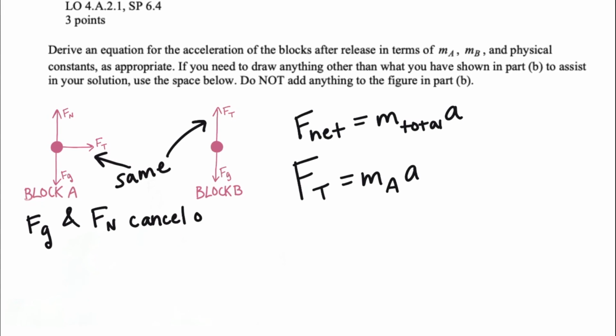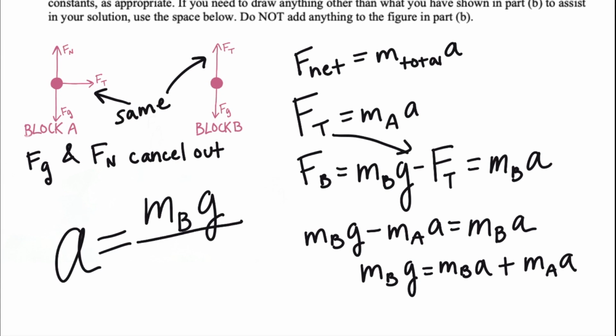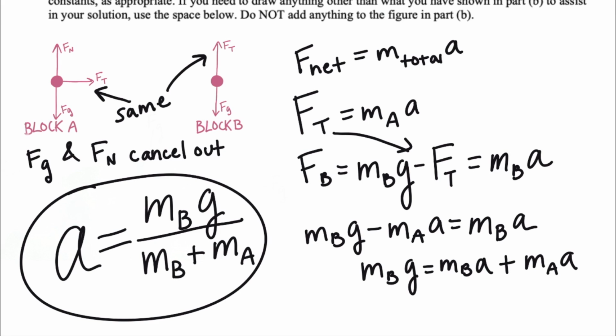And then we can use Newton's laws. So the net force is equal to the total mass times acceleration, and then the tension force should be equal to the mass of A times acceleration, because the force of gravity and the normal force on block A cancel out. So the net force on block A is the tension force.